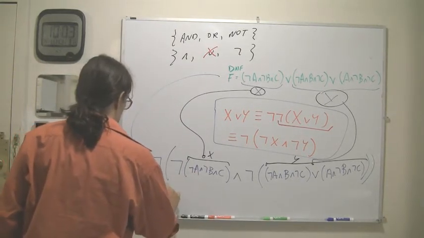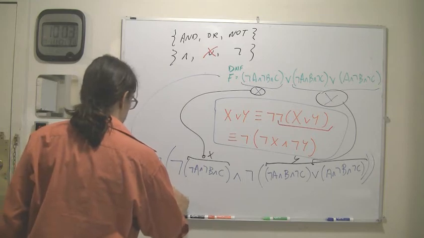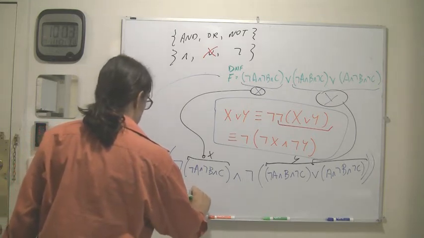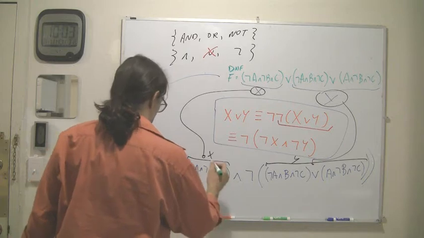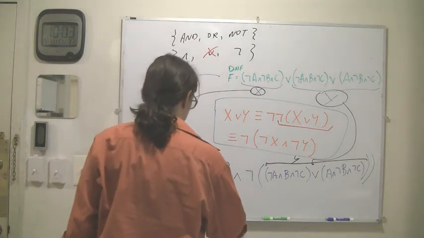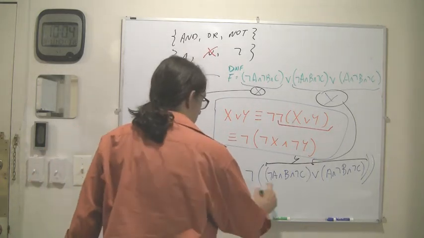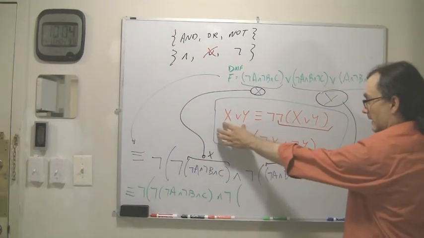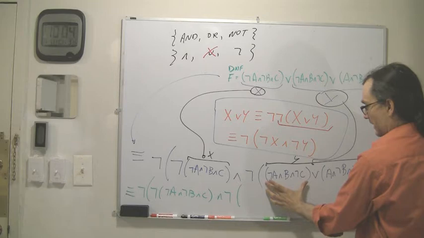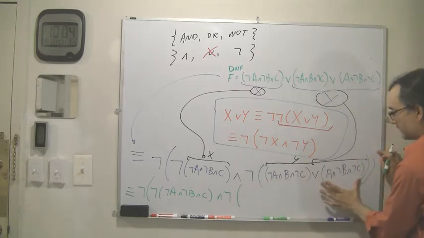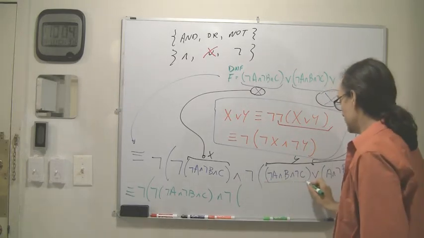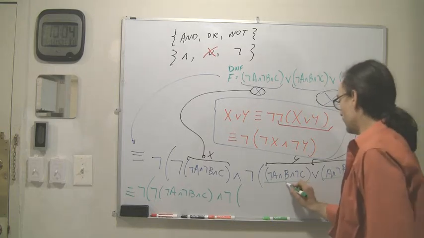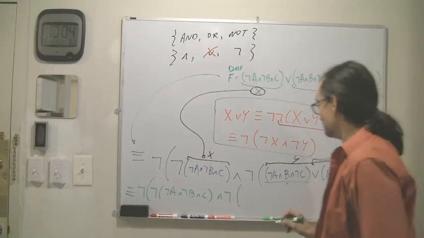It's going to be just the same, because it already uses only ANDs and NOTs. And then for this part, we're going to use the same trick again, only now we have x or y, with x being this and y being this, right?